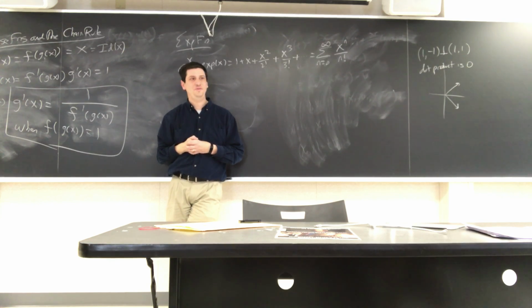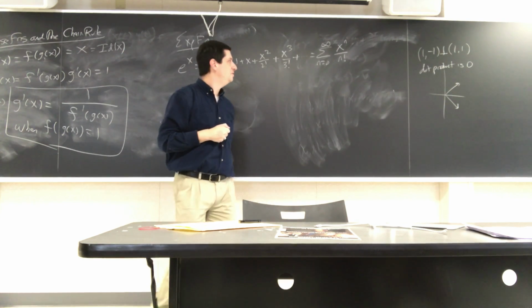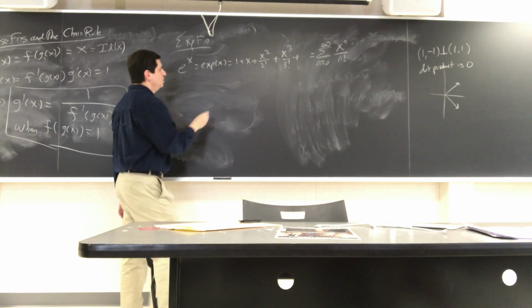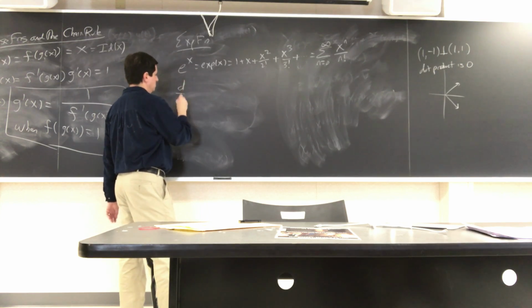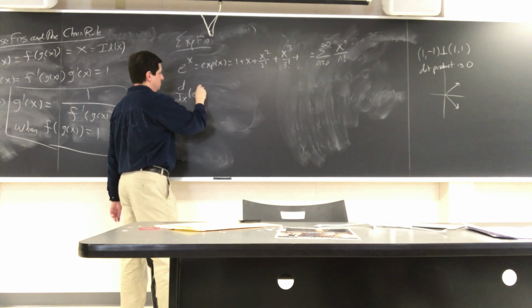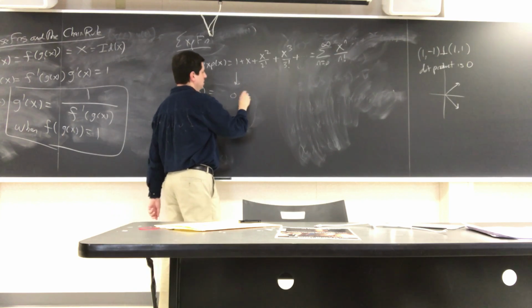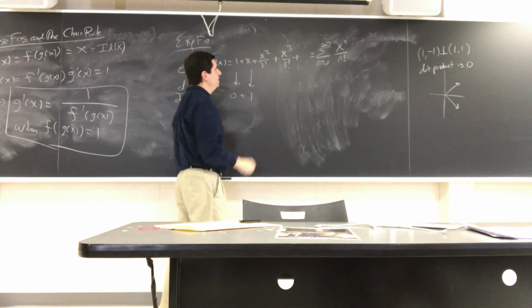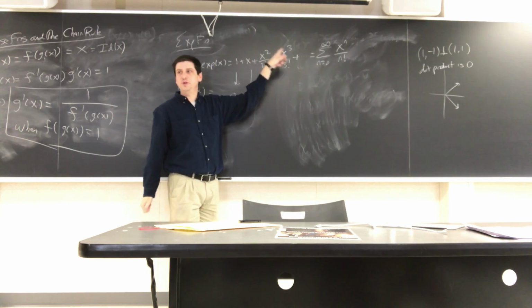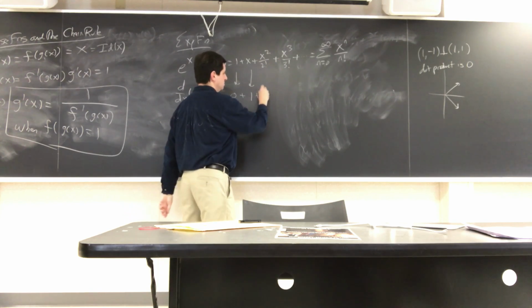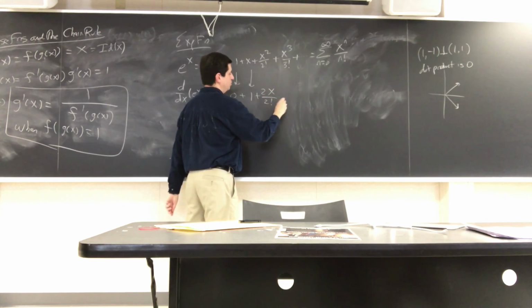Because the derivative of 1 is just going to be 0, and the derivative of x is going to be 1. So if we take the derivative, 1 goes to 0, the derivative of x goes to 1, x squared over 2 factorial becomes 2x over 2 factorial.